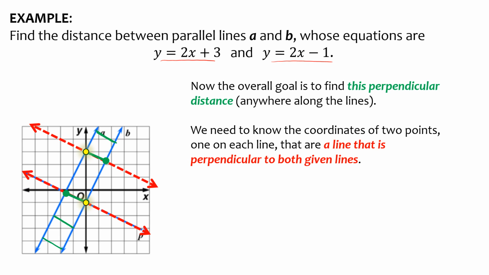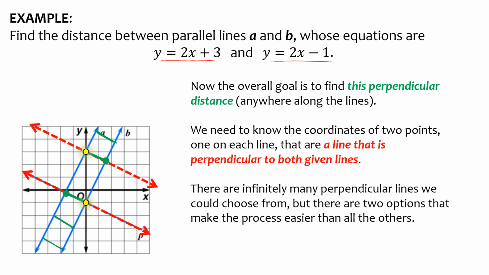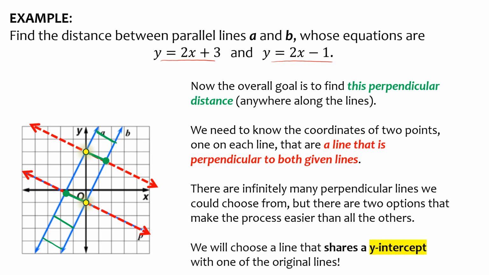These segments, of course, are along perpendicular lines, so they're going to have opposite reciprocal slopes to the original parallel lines. And like I said, there's all these different options we could choose from. So why do I have two called out in particular?